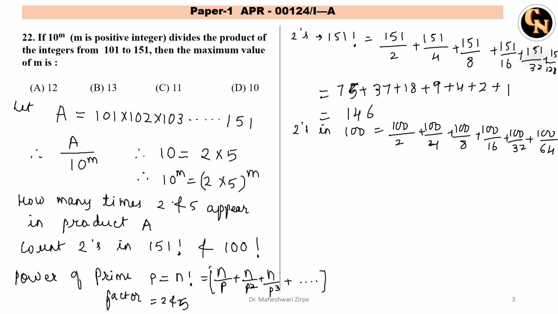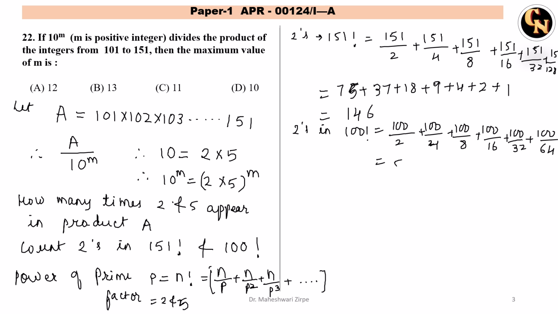We cannot go further because it will be more than 100. Here also we took only 128 because the next number will be more than 151, and here the next, 2 raised to 8, will be more than 100. So we will stop here. The factorial for 100 will stop up to 64.